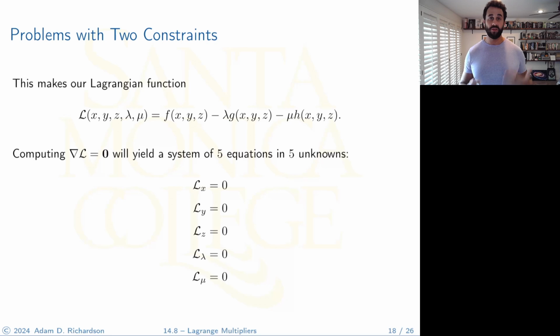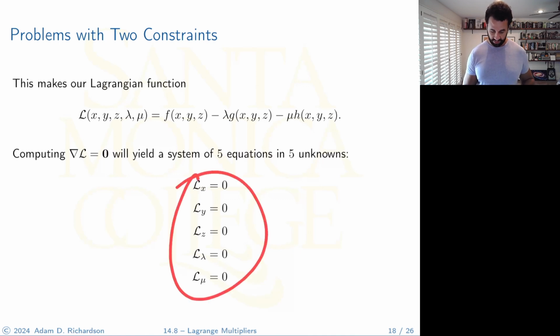Now, what does our Lagrangian look like? So our Lagrangian is now a function of 5 variables because F was a function of 3 variables. Then we have the Lagrange multiplier lambda, and then we have the Lagrange multiplier mu. So our Lagrangian looks like F minus lambda G minus mu H. And just like before, if we compute the gradient of the Lagrangian and set it equal to 0, we're going to get a system of 5 equations in 5 unknowns, just like so.